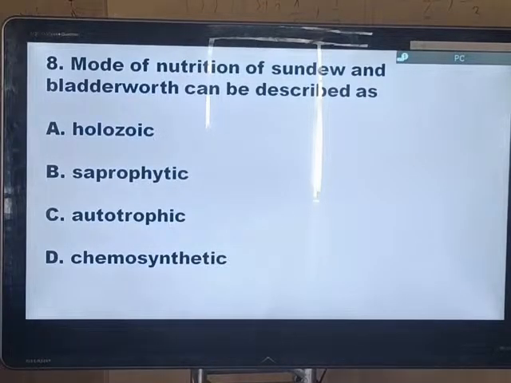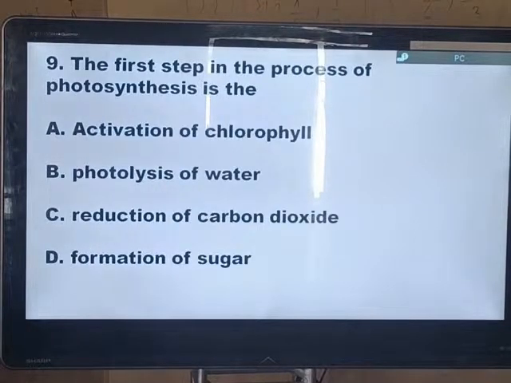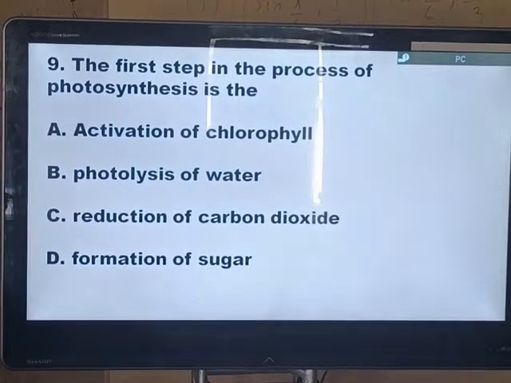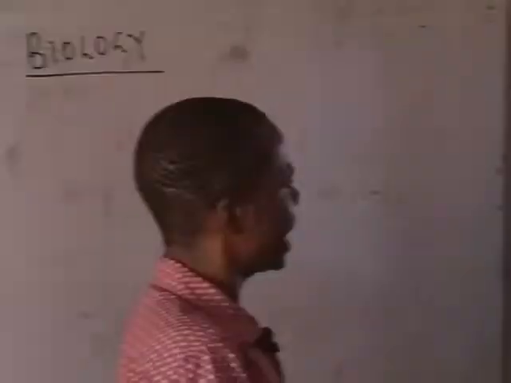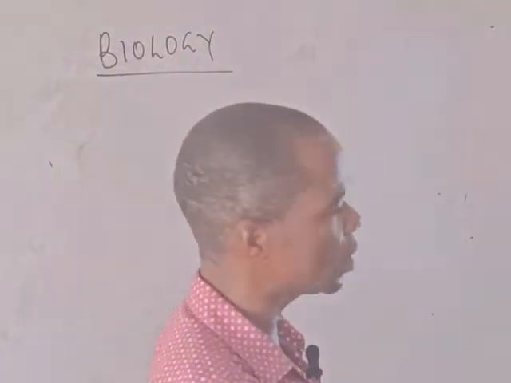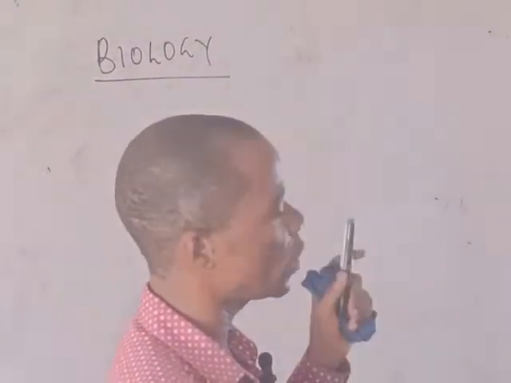Let's go to number 9. The first step in the process of photosynthesis: we know that photosynthesis usually occurs in 2 stages. We have the light stage, we have the dark stage. The very first step in the light stage is the excitation or activation of chlorophyll.